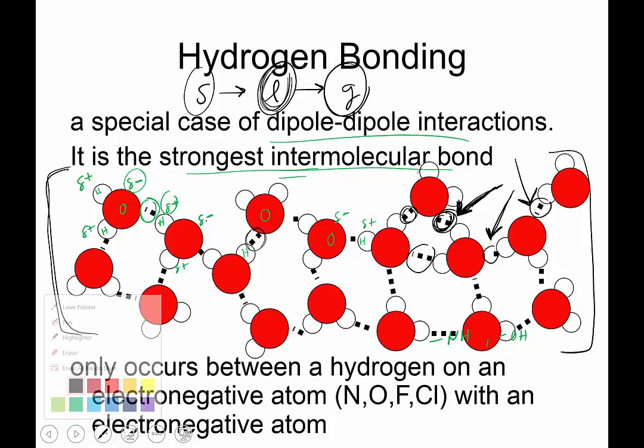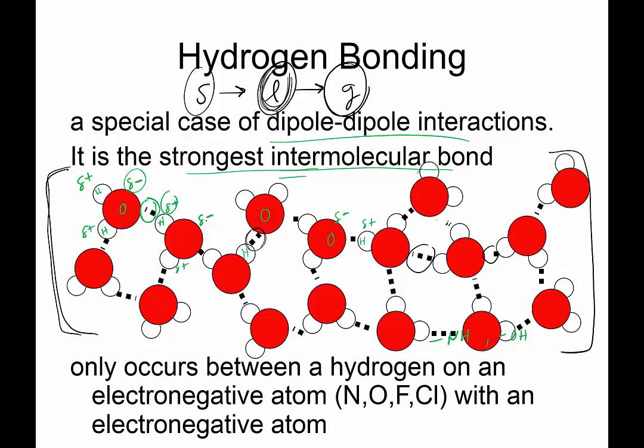So these hydrogen bonds are disappearing, one by one, and then when they start disappearing, they're not held together anymore at all, and they start to fly away, and then you see water vapor.